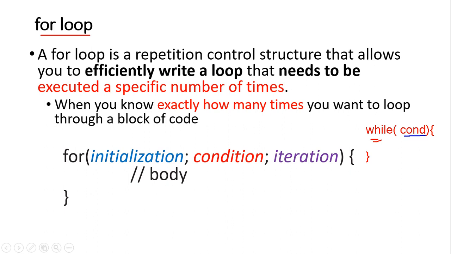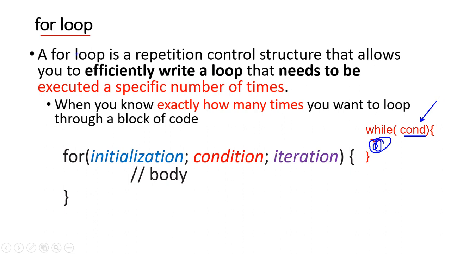When I'm not very sure right at the beginning how many times this loop is going to be repeated, then I can go for a while or do while loop. But if I'm for sure that this loop is going to be executed 5 times or 10 times, if I know the specific number of times the loop has to be executed, in that case I can go for the for loop.